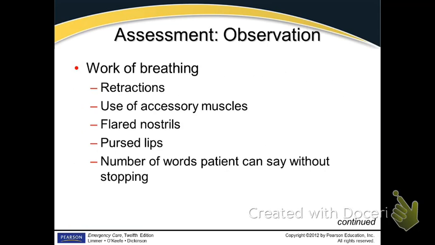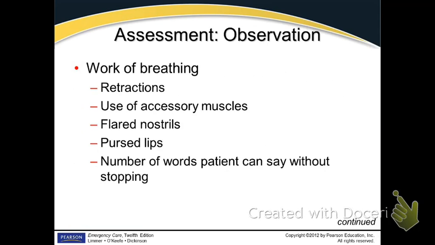Their abdomen, they're tugging at their neck, nasal flaring, right? Pursed lips. Y'all know what that little goldfish looks like? Your lips look like this. That's to help them pull more air in. It's weird, I know, but they get those pursed lips. And again, how many words can they say before they stop?